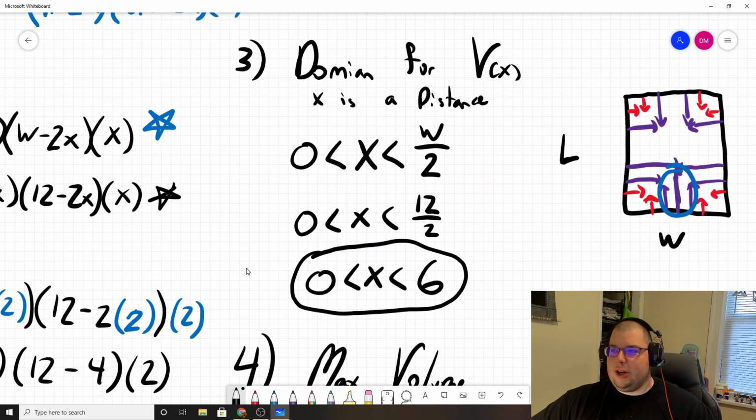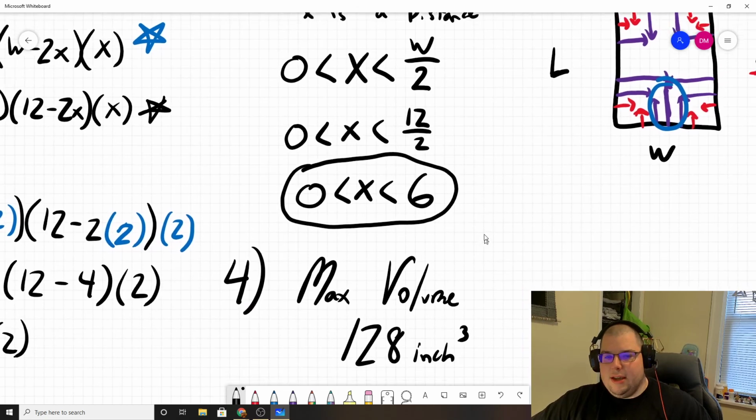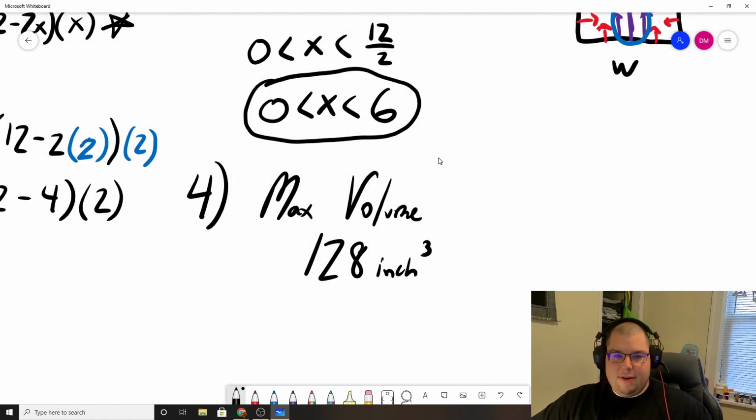I showed you how to create the domain, which for this particular problem is going to be from 0 to your width, the shortest side, divided by 2. For me, that was 0 to 6. And then we also went to Desmos, and I graphed the function to find the maximum value. All things you can do.